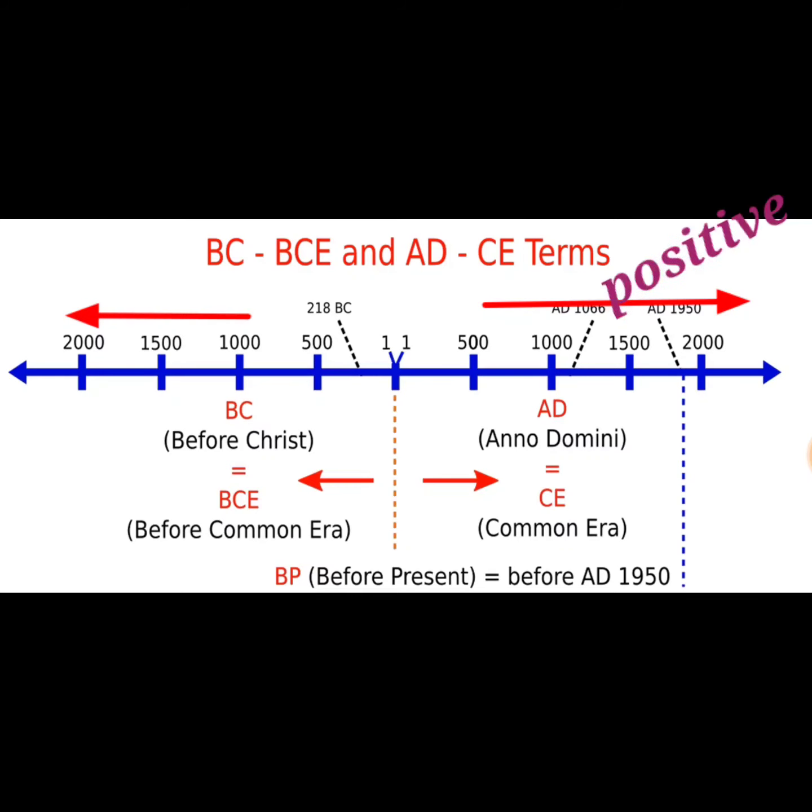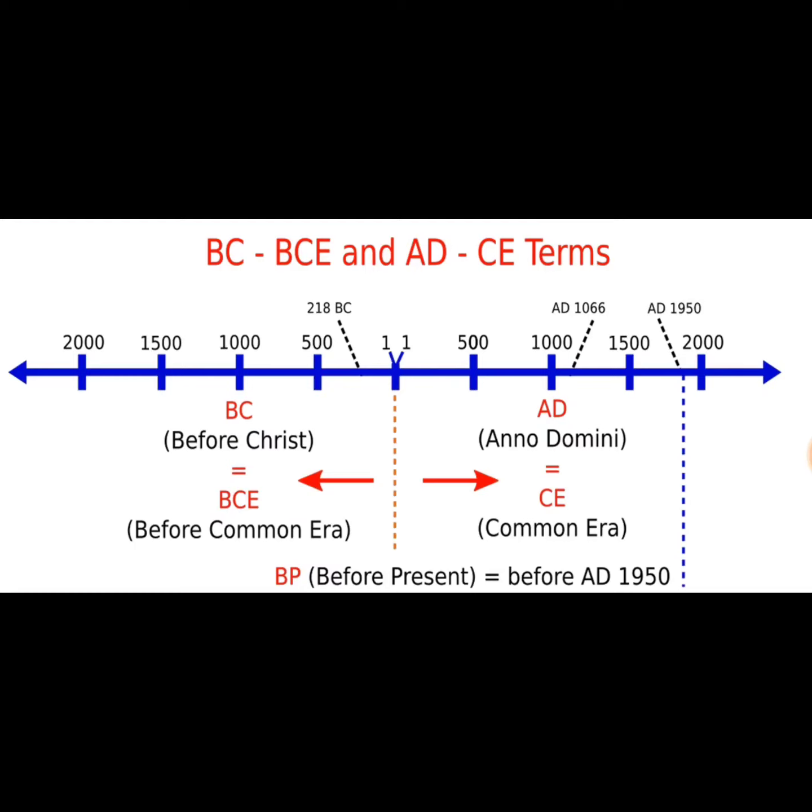Right now, we just need to understand the time before Jesus Christ was born is known as BC or BCE. BC is known as before Christ and BCE is known as before Common Era. Now the time after Jesus Christ was born is known as AD or CE.